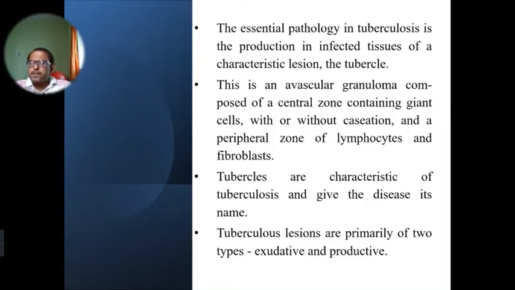And these tubercles are nothing but avascular granulomas composed of a central zone containing giant cells with or without caseation, and a peripheral zone of lymphocytes and fibroblasts. This is the characteristic of tubercles. These are the lesions which are produced in the lungs of that infected person.